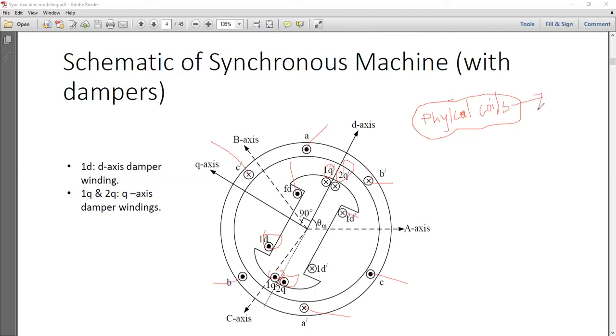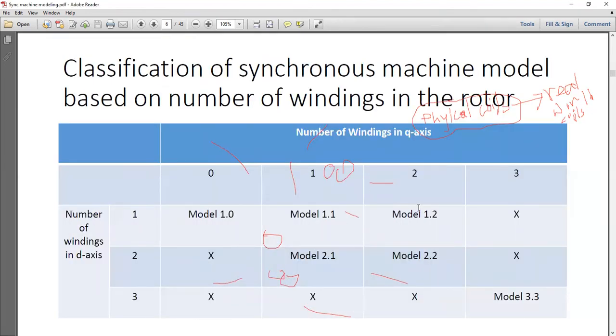They are not any sort of effect due to modeling some phenomena happening inside the machine. They are real world coils. So if that is the case, then this classification, whatever we said, probably you might go for any of these.